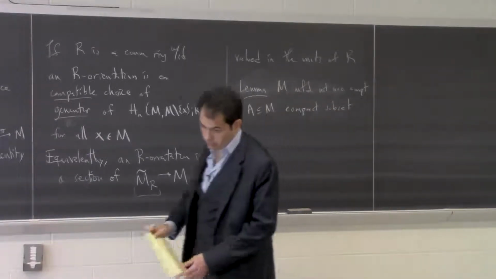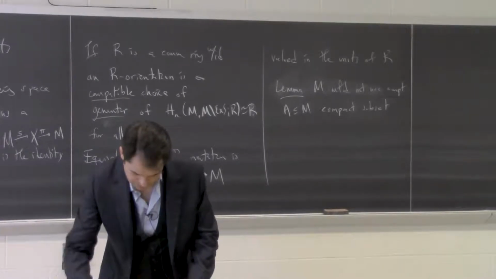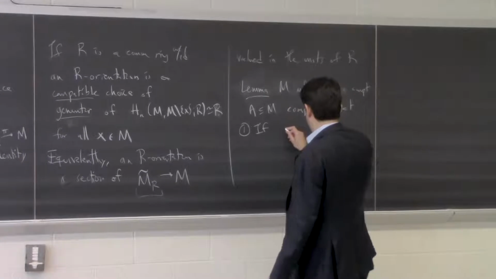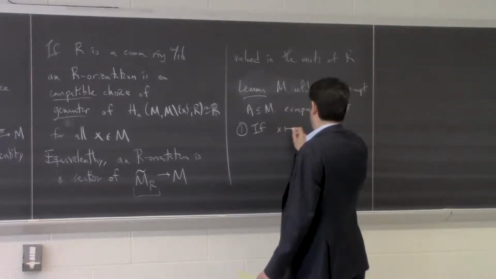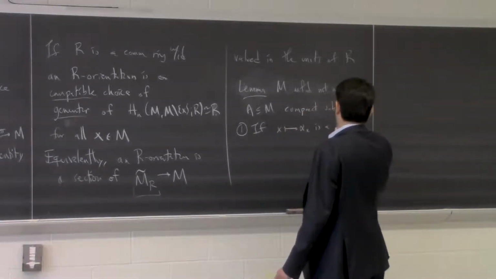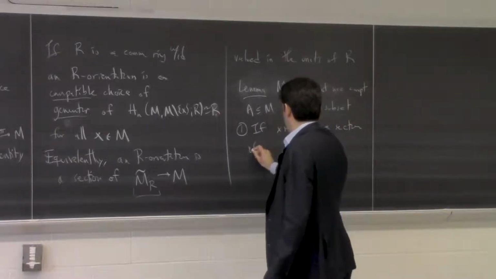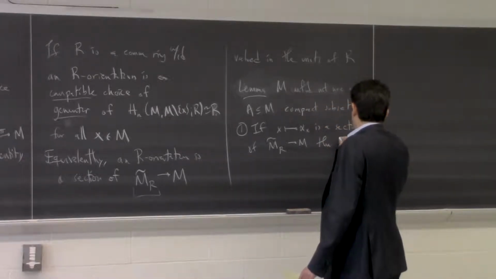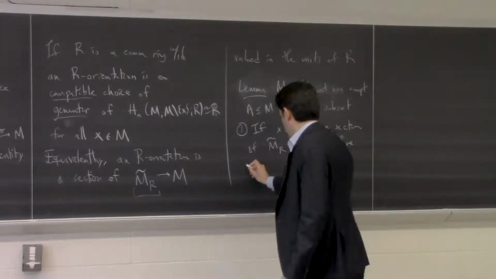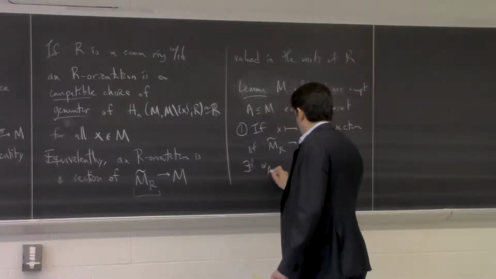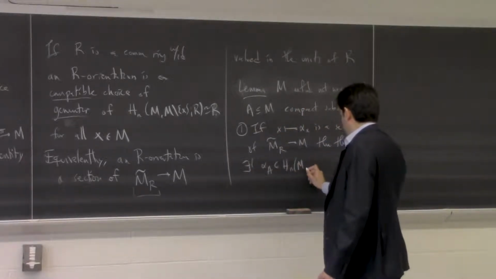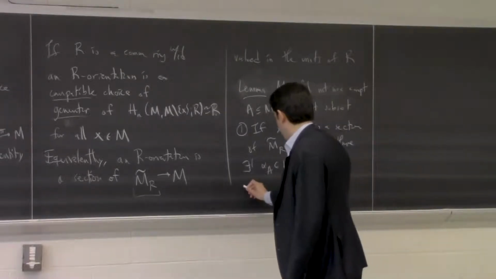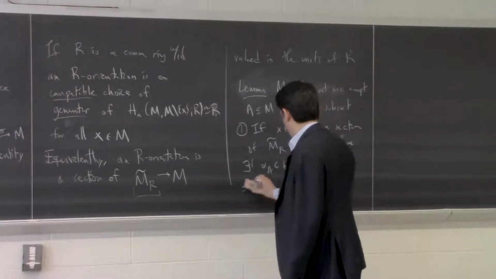So if we have a section, then there exists a unique alpha sub A in the homology relative to A that induces the section.